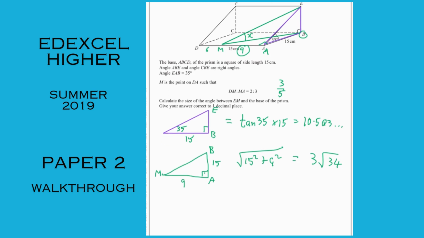Now I can actually work on finding X. Let's draw our third triangle. We've got the opposite side E to B. That's what we found on the first step. We've also got M to B. That's what we've just found. And we're wanting this angle here. So again, it's TOA, because there's the right angle.